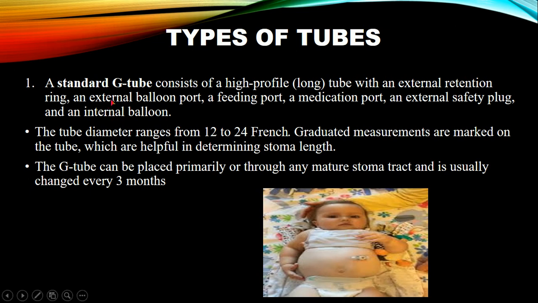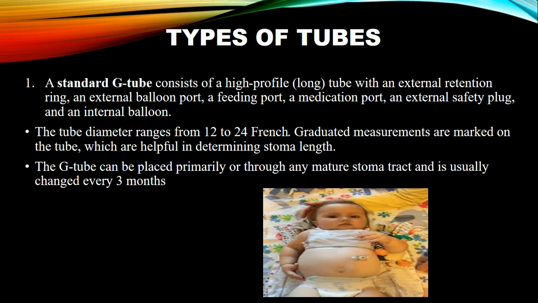And next is the external balloon port. I will explain. All of you must have introduced a Foley's catheter. Okay. So what we have is two ports. One is the port where we attach the urinary bag, and second port is to inflate the balloon. Okay. So those are different ports.